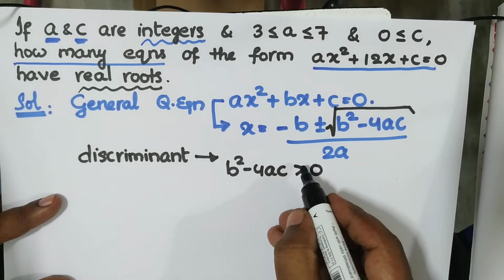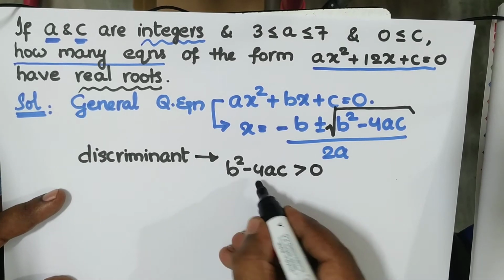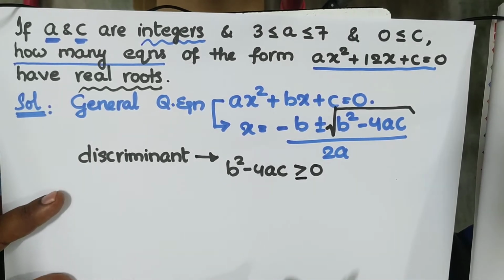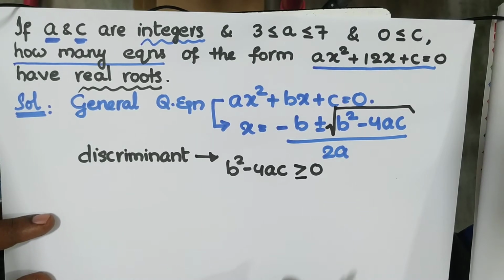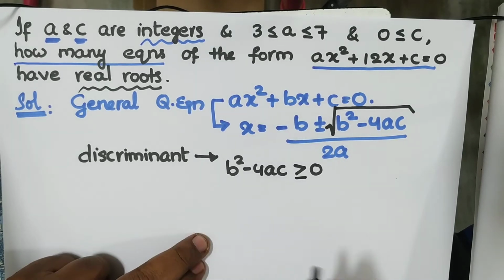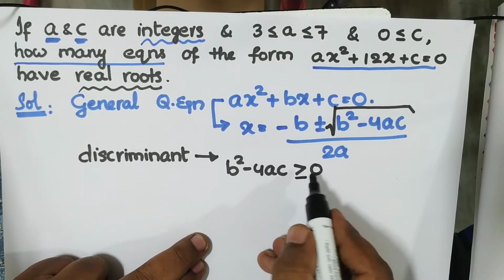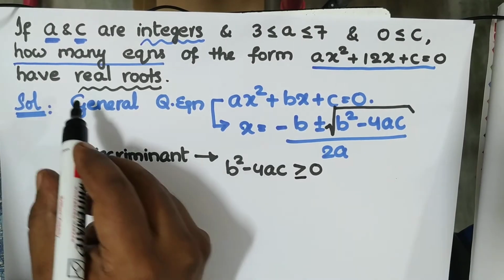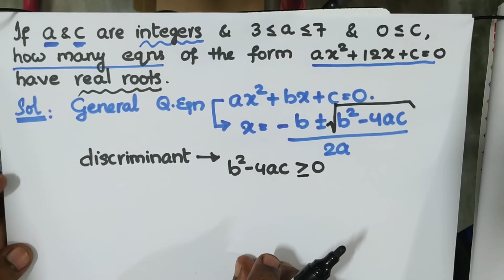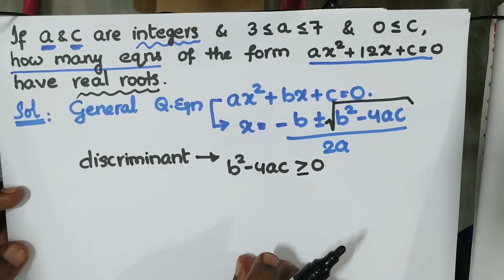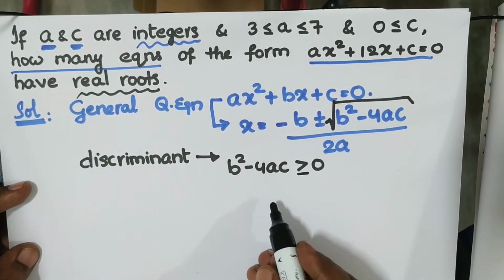Not only this, if the discriminant is equal to 0, then we again get real roots, but they will be repeated, right? So in either case, greater than or equal to 0, we get real roots, because here we need real roots. It doesn't matter whether they are repeated or not; the only thing is we must have real roots.